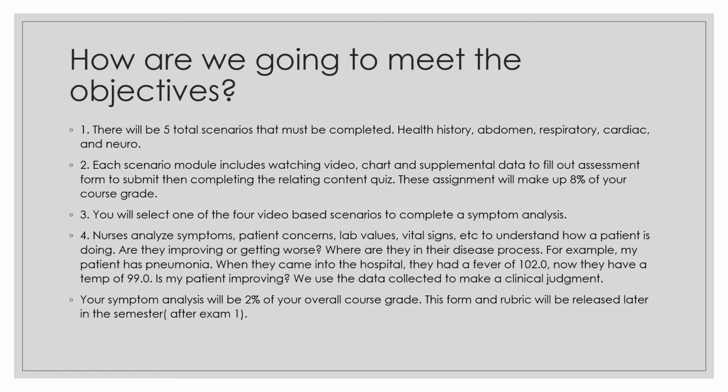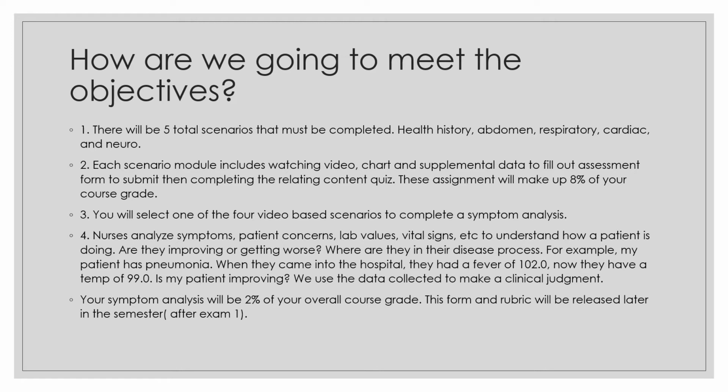For example, if a patient has pneumonia as their medical diagnosis when they came into the hospital, and they had a fever of 102 when they came in, but now they have a fever of 99. From that data, you might anticipate your patient's fever is decreasing.